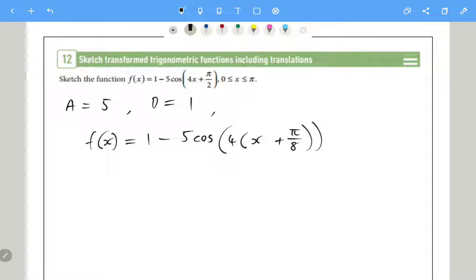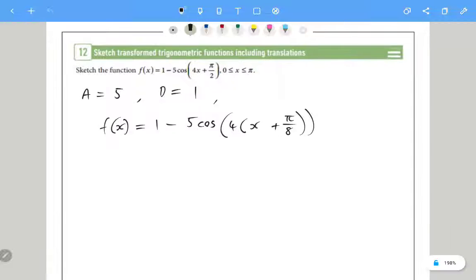And now I've got a little better idea of what my phase shift is. So our c value is negative pi on 8. Remember, because it's a sign swappy thing, the whole thing's been moved to the left by pi on 8.